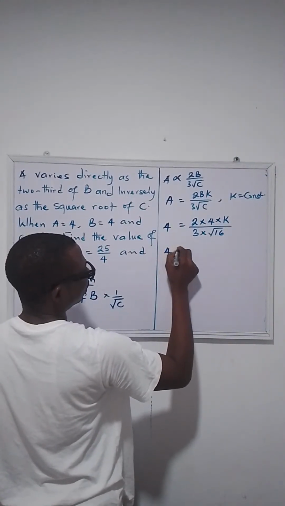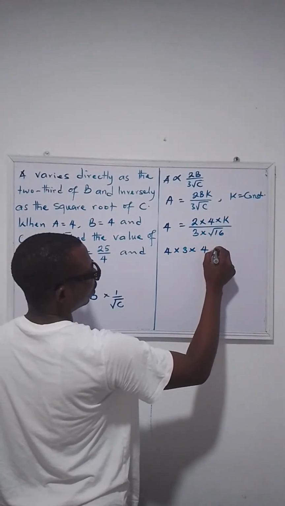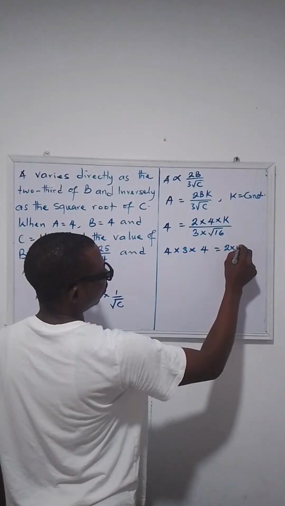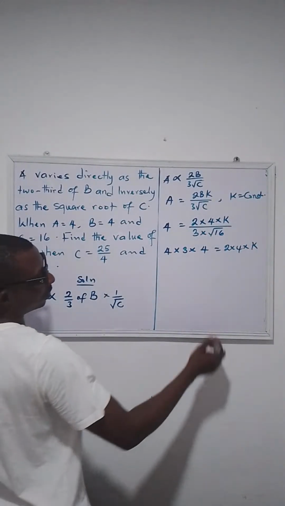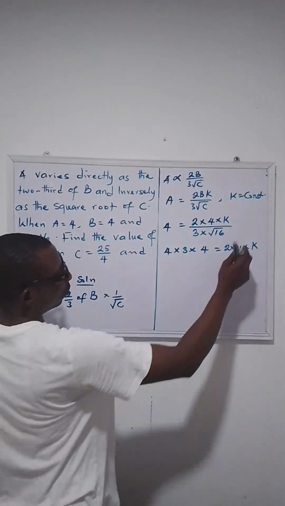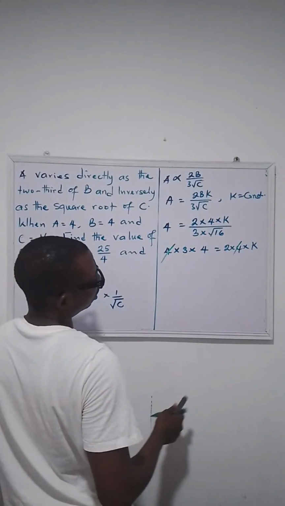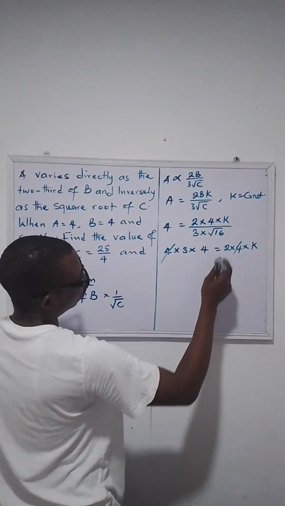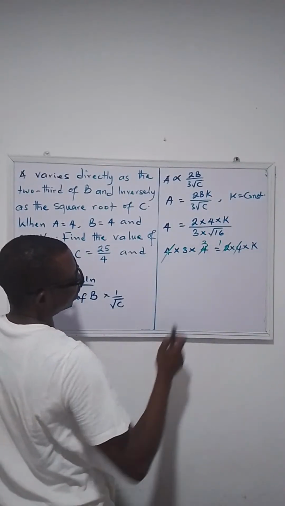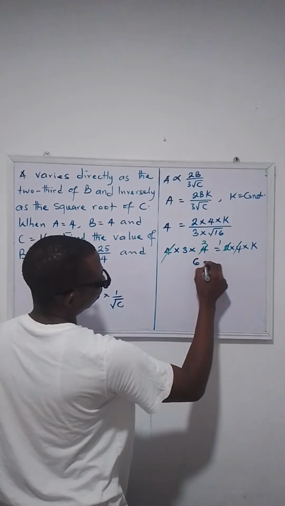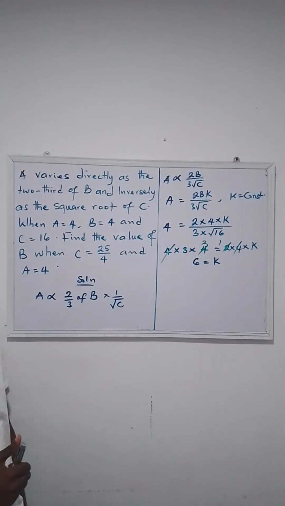We have 4 times 3 times square root of 16, which is the same thing as 4 equals 2 times 4 times K. We can divide both sides by 4, so 4 cancels this 4 here, and we are left with 2 here. So 2 goes here once, 2 goes here twice. So what we have at this side now is 6 equals K. So our proportionality constant is 6.